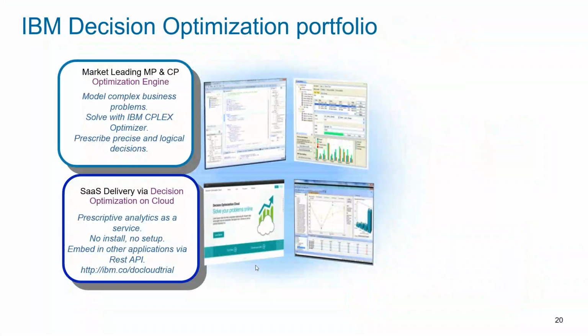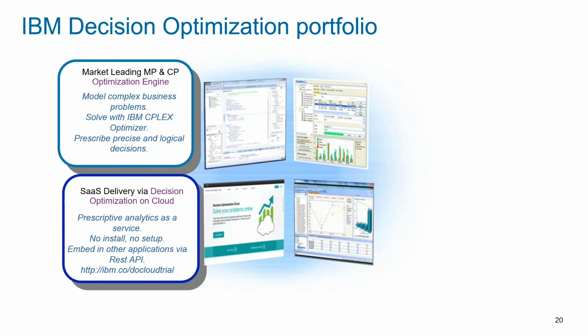Now, you're going to ask, what are the tools that we have today? So we have tools that differentiate us from the competitors. We have CPLEX, and CPLEX has a full range of solvers, linear programming solvers, mixed integer programming solvers, constraint programming solvers that nobody else has, and we can model those complex problems.